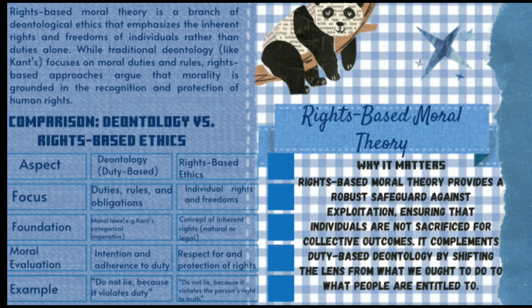Example of deontology: do not lie because it violates duty, while rights-based ethics: do not lie because it violates the person's right to truth.